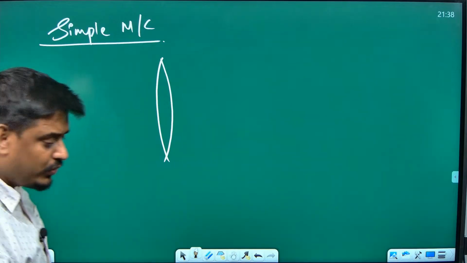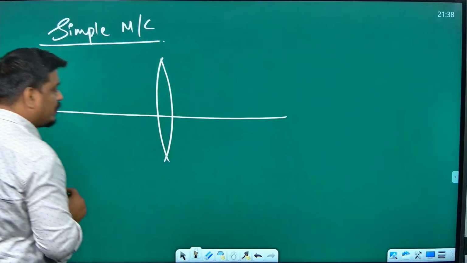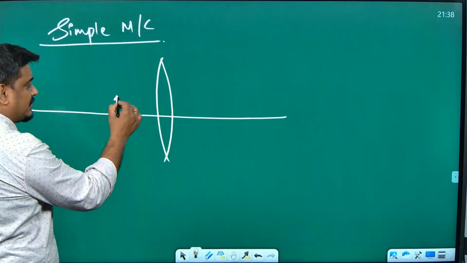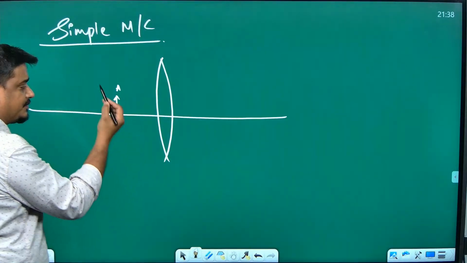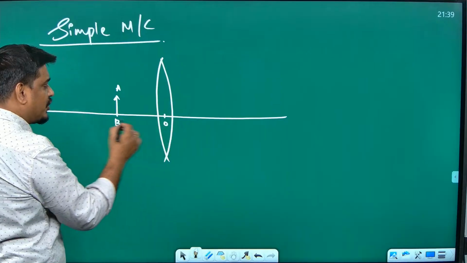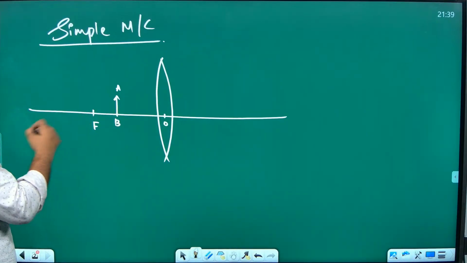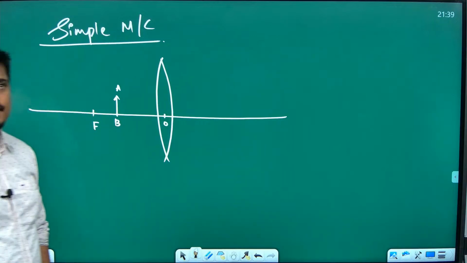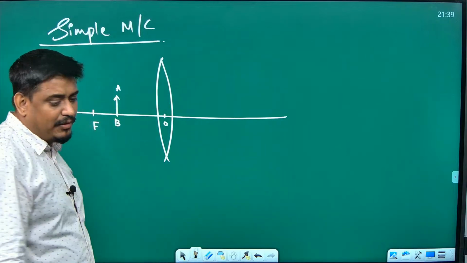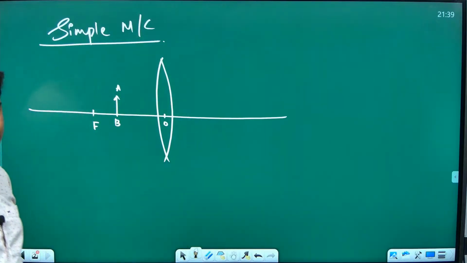Now, in front of this convex lens, I am going to place an object AB. I am making sure it is between O and F of the convex lens, because only then will it form a virtual, erect and enlarged image.